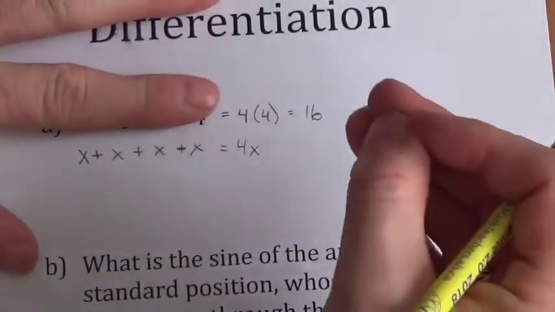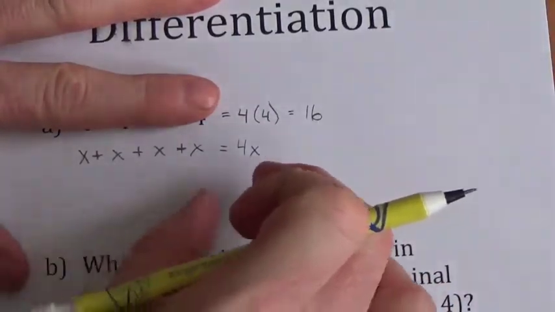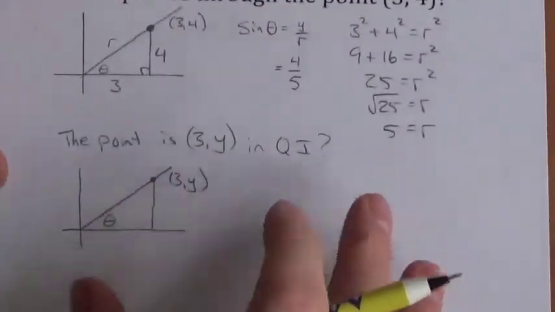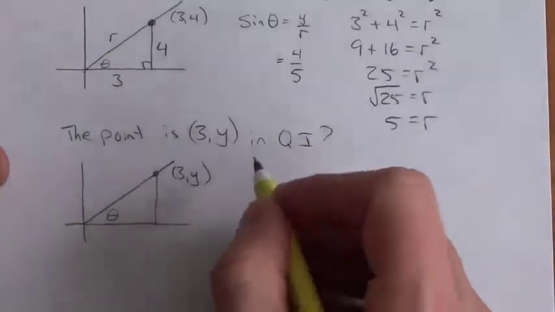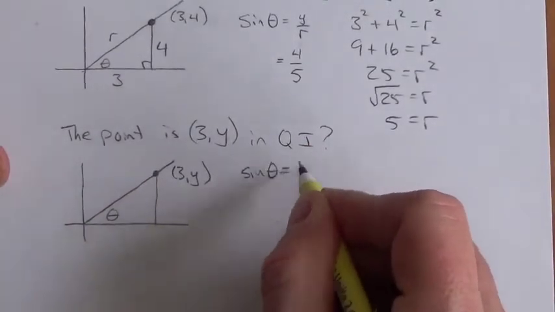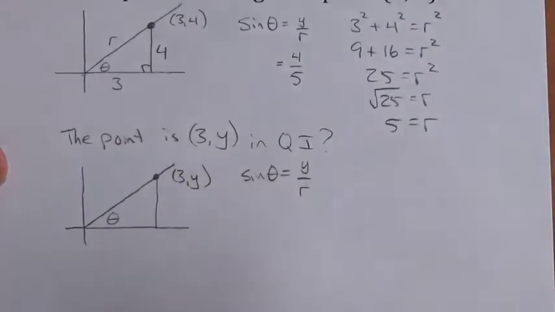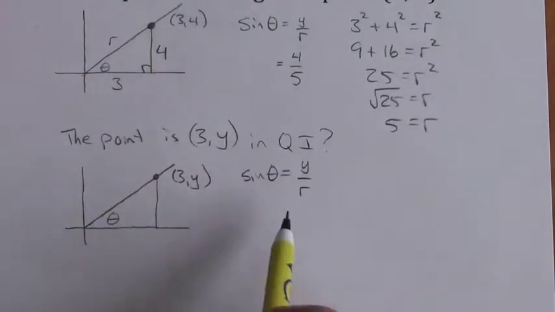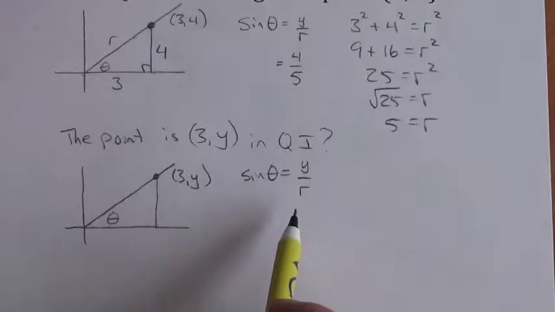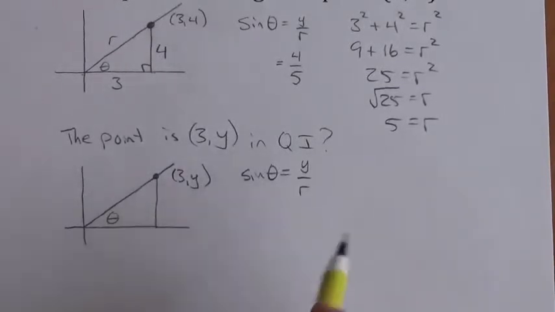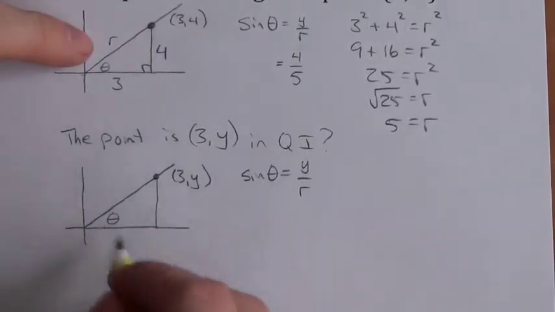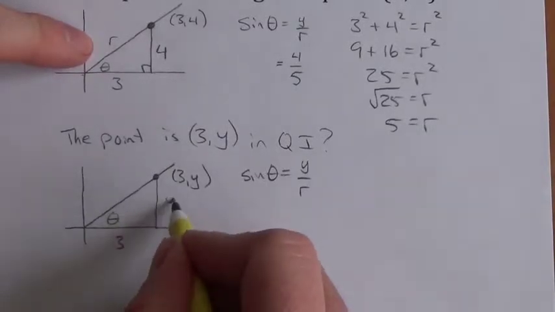Granted, I don't have an exact answer at the end, but I have an expression that's equivalent to it. Okay? So when I look at this, I am looking for the sine of theta is going to be, this time, y over r. Basically the same thing. But now I don't know, okay? Well, I don't know what y is, but I don't know what r is.